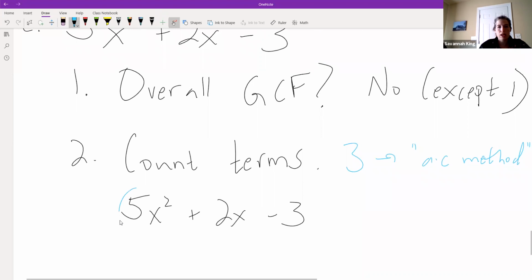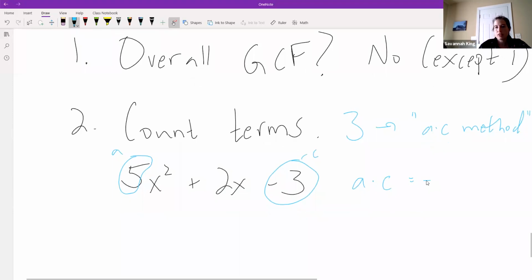Okay, so here's the A. And here, including that negative, you always take the sign that precedes the number as part of the number. So we go A times C, that's 5 times -3, and that's going to give us a -15.